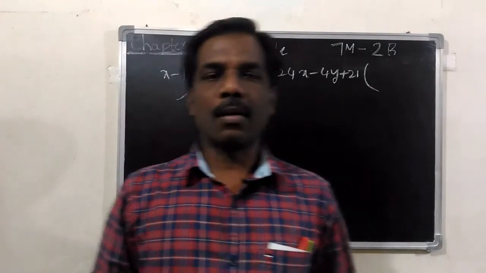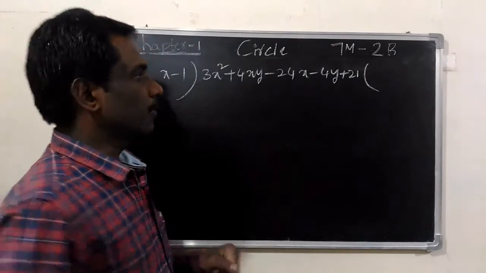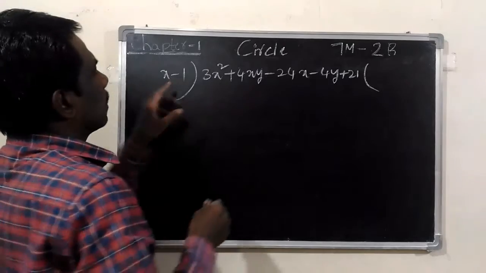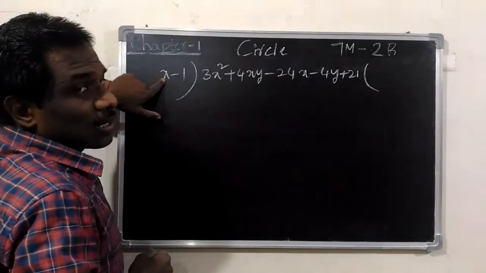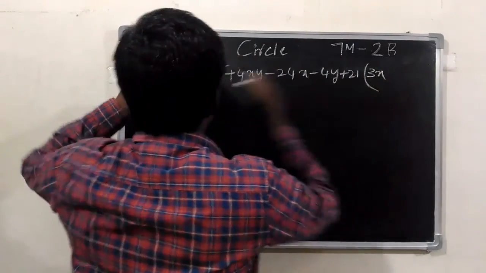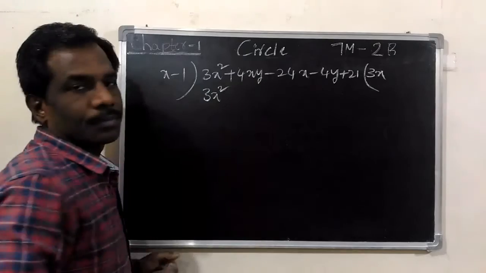Now I am going to find one more factor. So that is by the division method. See, the first quotient, here the first divisor is x, x into 3x. x into 3x is 3x square.